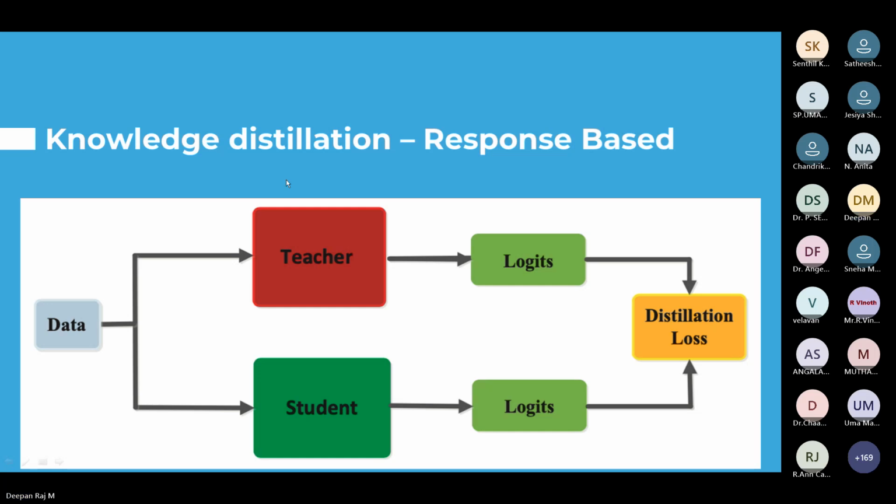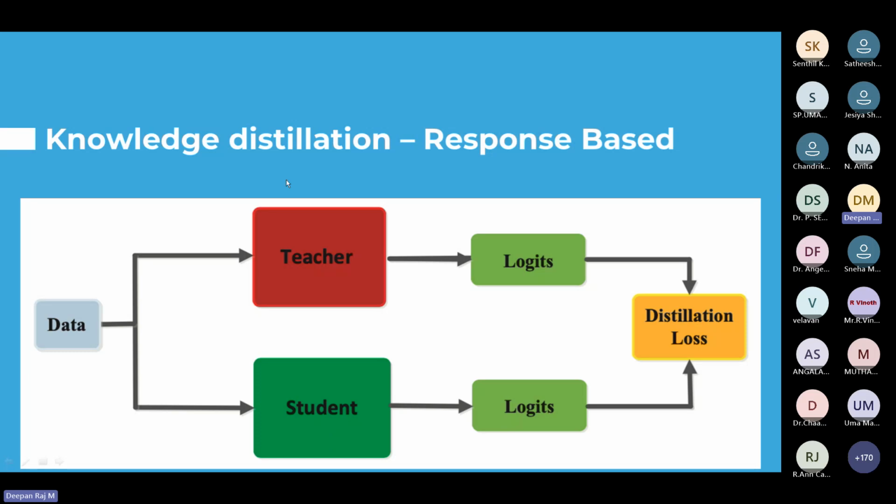But before it backpropagates, before it calculates its own loss, we will have an additional loss known as distillation loss. Okay, so this is a response-based method where you take the logits of the teacher and student and add an additional loss value towards your weight calculation. Not just a normal cross entropy, you will have an additional distillation loss that shows what the teacher has classified and what the student has classified.